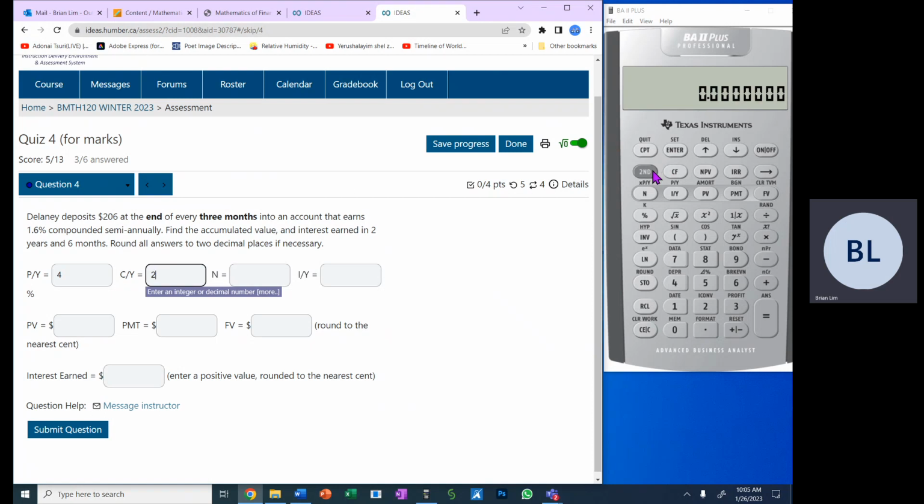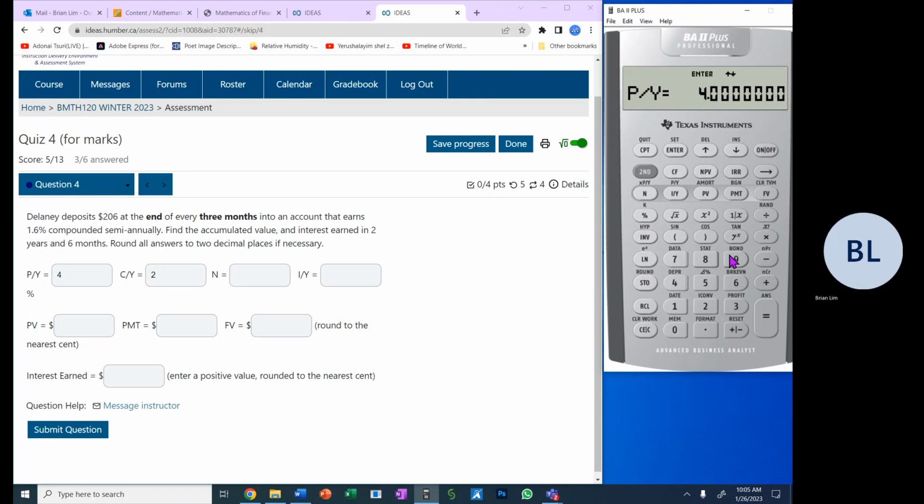And there we are. So PY is 4. Let's put the 4 in. So 4, enter. And CY is not 4, but CY is 2. So we click on 2, click on enter, and there we have CY. Now we can check these values. There's CY and there's PY. So we know that PY is 4 and CY is 2.